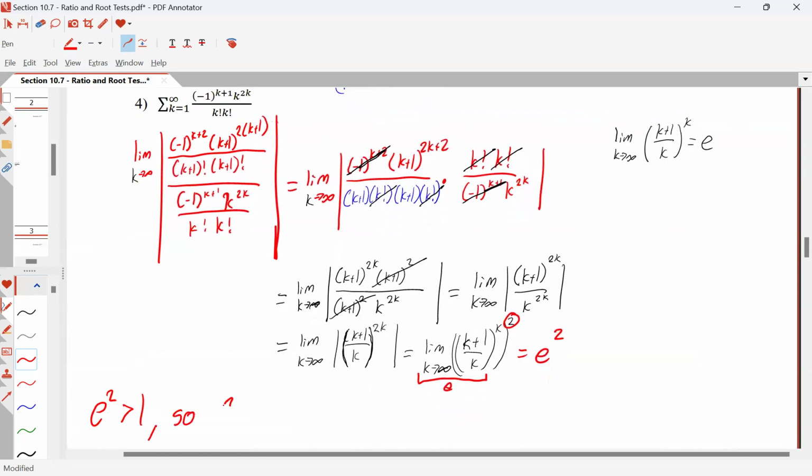So our series k equals 1 to infinity of negative 1 to the k plus 1, k to the 2k, all over k factorial, diverges by the ratio test. So there are 4 examples of using the ratio test to tell if a series converges or diverges.